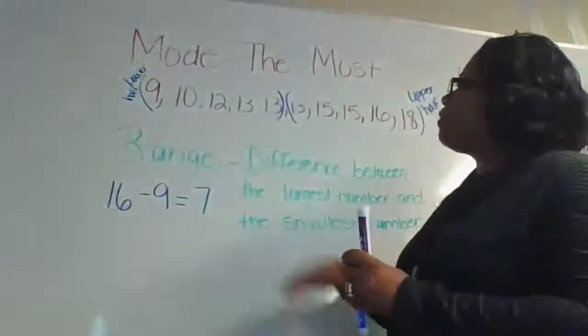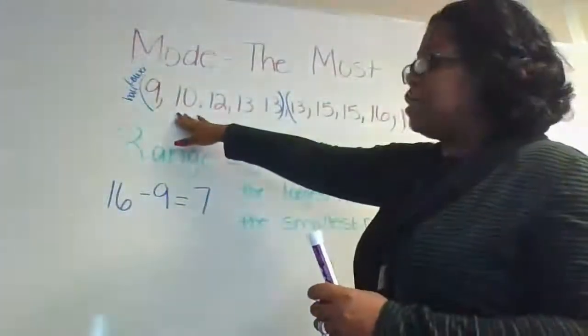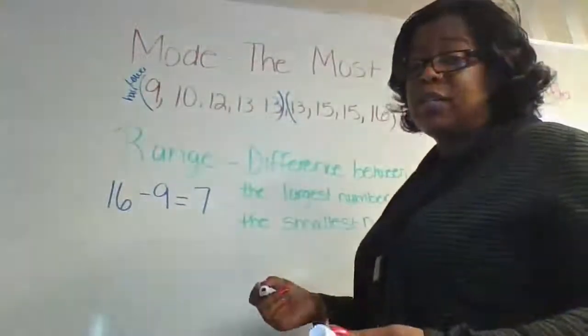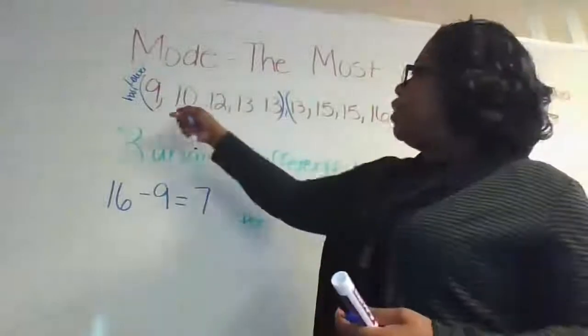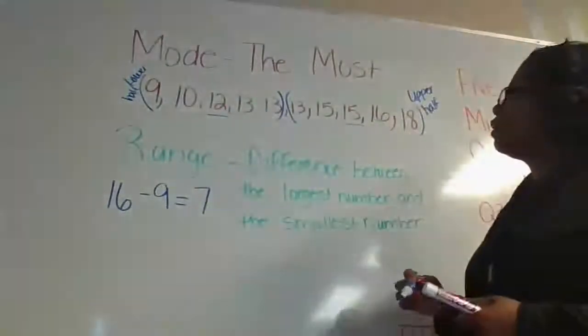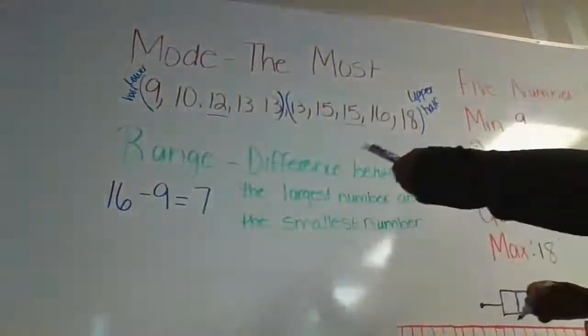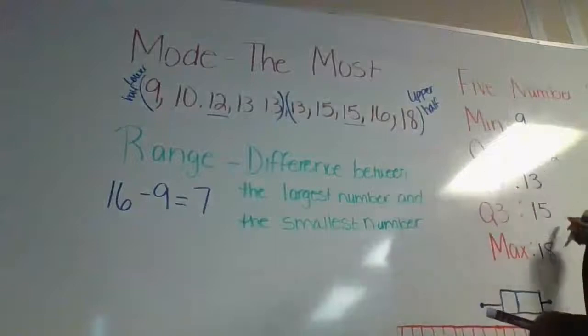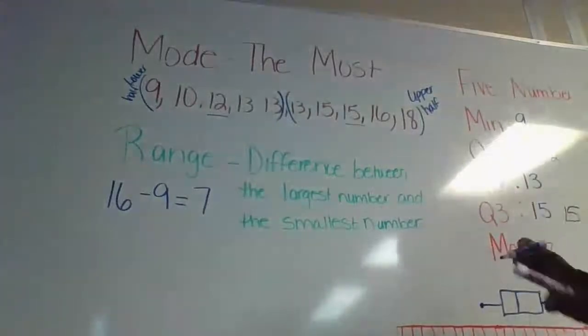You still find the median for this side, and you find the median for this side. It's made easy because now you're working with an odd number, so you simply pull out the number directly in the middle. So quartile 1 in this case would become 12. Quartile 3 would still be 15, which is cool.